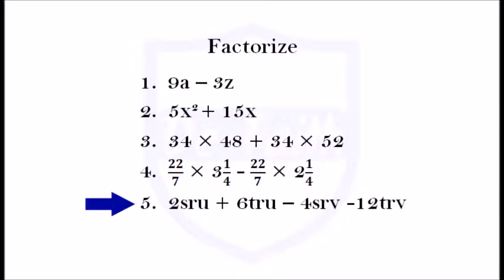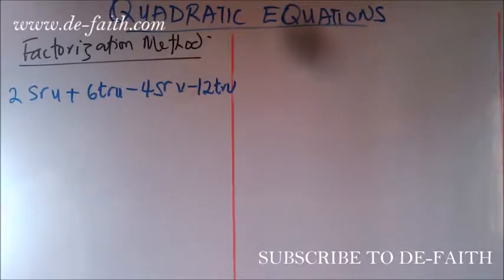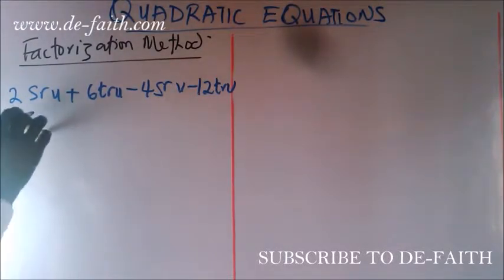To factorize 2SRU plus 6TRU minus 4SRV minus 12TRV. Taking a good look at the entire equation, we have some numbers and letters that are common, such as R, and then 2 is a factor which is common. So we would bring out 2 and R from the entire equation.